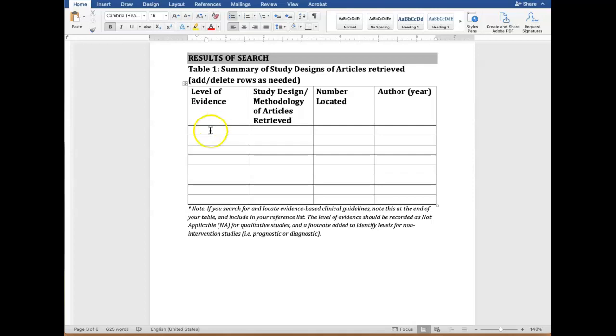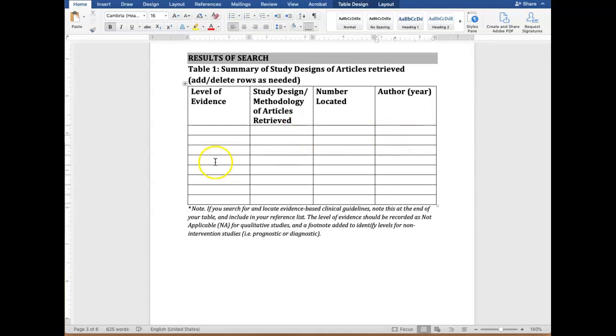So you're going to give them a level of evidence, and again, we'll talk about what that means. You're going to decide what type of study you're using. Is it a randomized control trial? Is it a cohort study? Is it a retrospective study? And then once you decide what type of study it is, then we have to figure out, okay, how many articles that you've included are randomized control trials, are retrospective, and then you're going to put the author's name and the year. So this one's pretty simple.